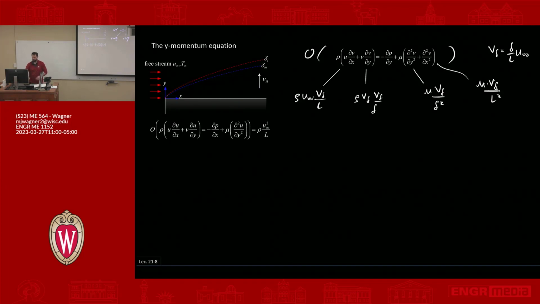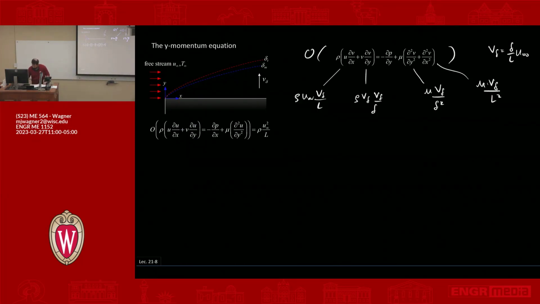Okay, so what do we want to do here? I'm going to go through and plug in any place where I see that v sub delta, I'm going to replace it with my approximation of delta over L times u infinity.